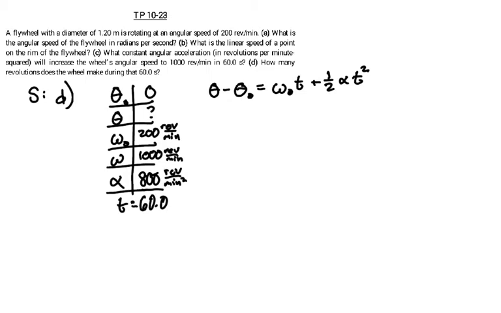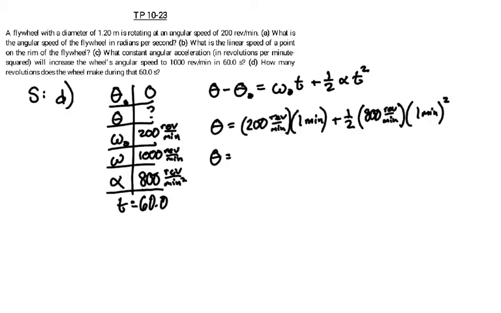So this is going to be our equation we need to use, because we need to find our final angular position. And because of our units here with revolutions per minute, it's going to be in terms of revolutions. All right, so besides having to make a quick conversion of our 60 seconds into minutes, which should be pretty snappy for us all, we will get our angular displacement.